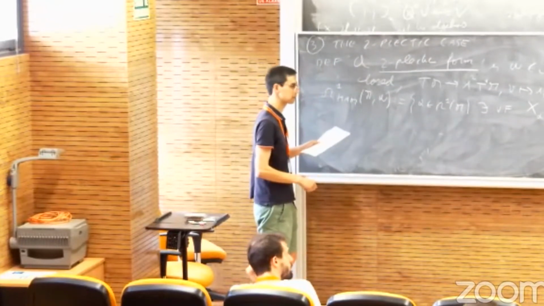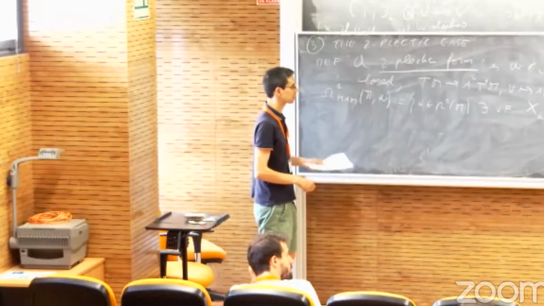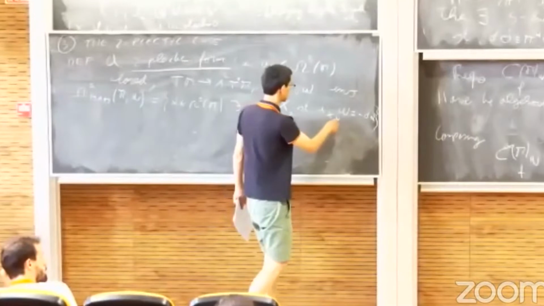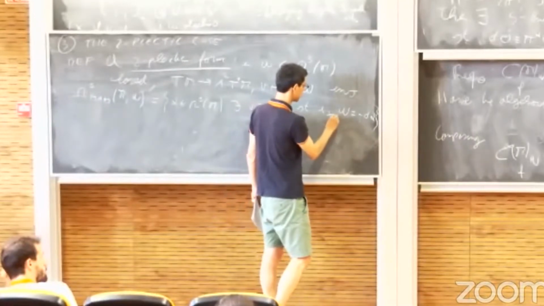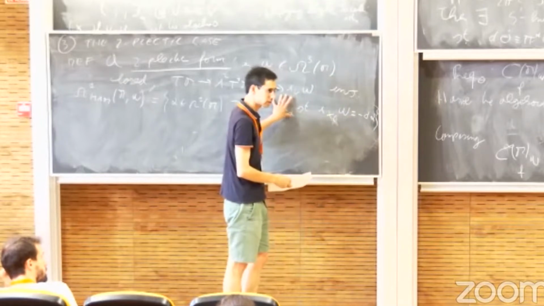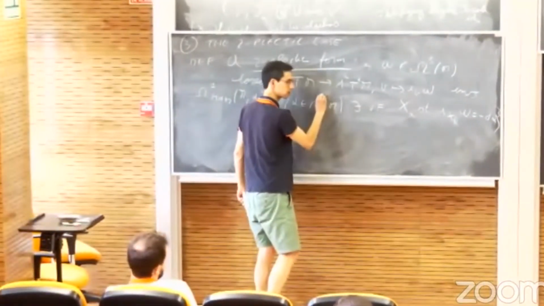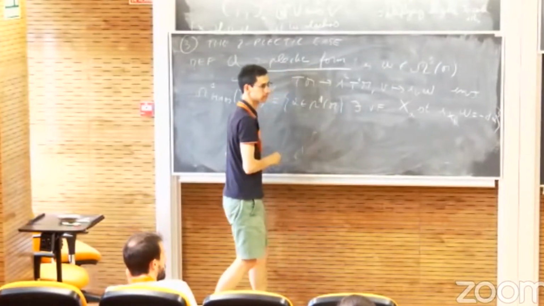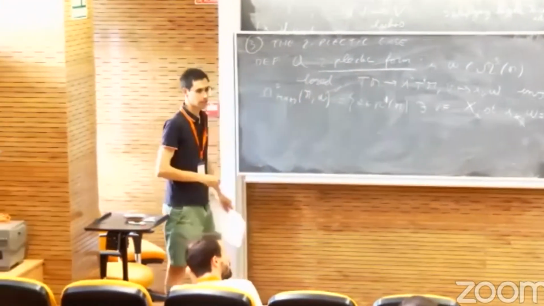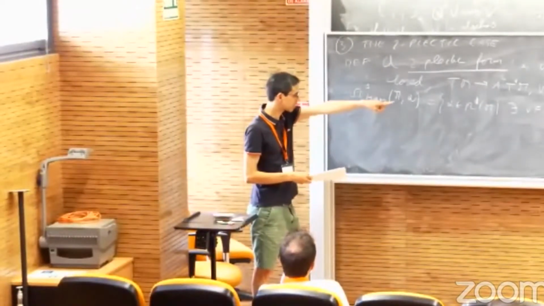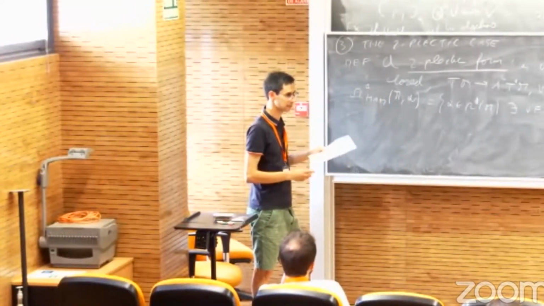So alpha is in omega 1. I'm taking this vector field for alpha in omega 1. Well, if you try to count degrees, you'll see that it has to be 1.